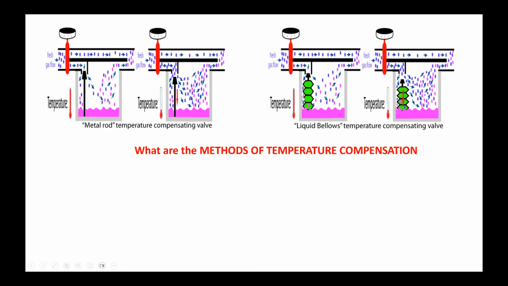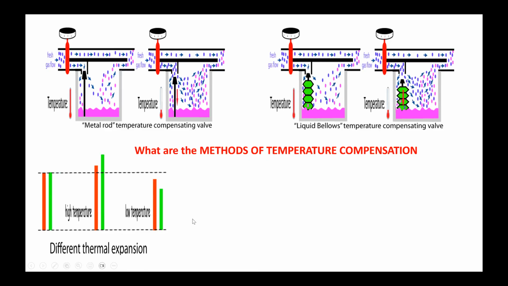So again, with an increase in temperature, the bellows will expand and the inlet entry will be partially blocked. If there is a drop in temperature, the bellows will shrink and the entry point will open and more gas will come inside. But the commonest method used is the bimetallic strip.